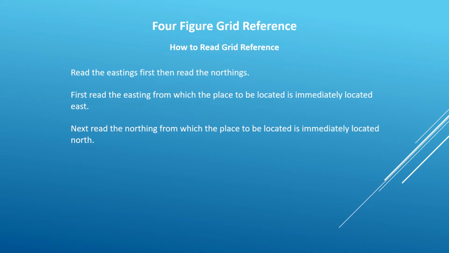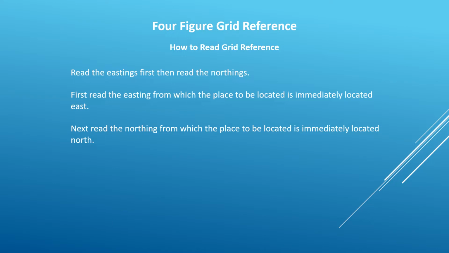So now we are going to start off with 4-figure grid referencing. It is the simplest of the two types of grid referencing. Basically, it gives you a more general location of a place. So if there is a large lake or a community or some other large area of land, we tend to use the 4-figure grid referencing because it's more suited for that purpose.